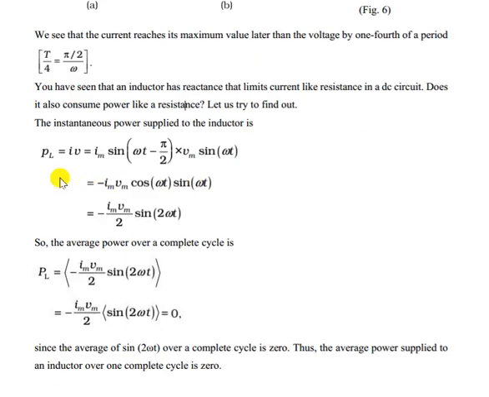Now say you have to find the power. Power is VI. So I is Im sin(omega t minus pi by 2), into Vm sin omega t. Now we multiply Vm into Im, and if we apply the trigonometric identity for sine of A minus B and sine of A and B, we get twice cosine omega t into sine omega t.